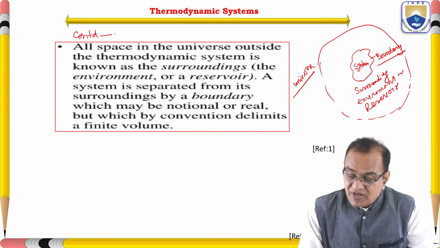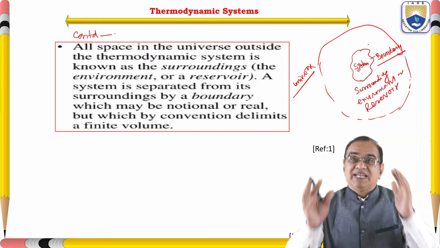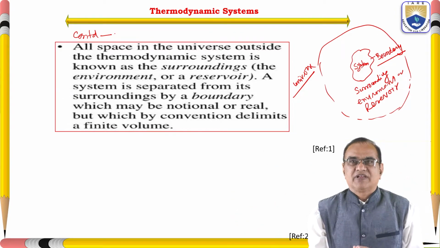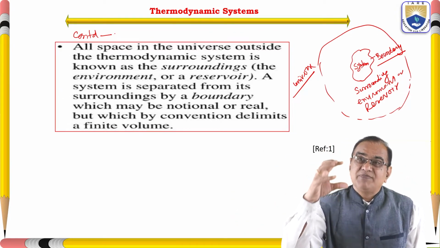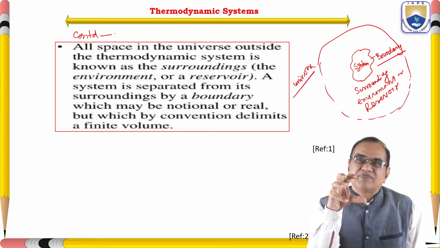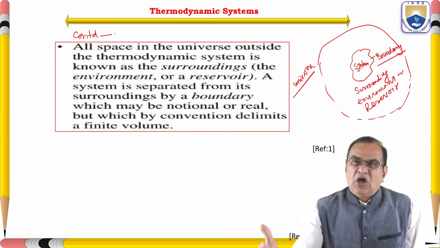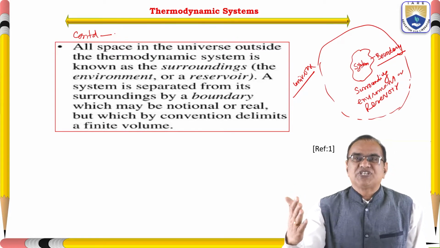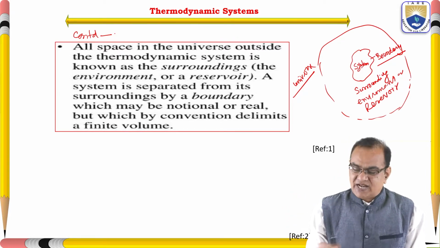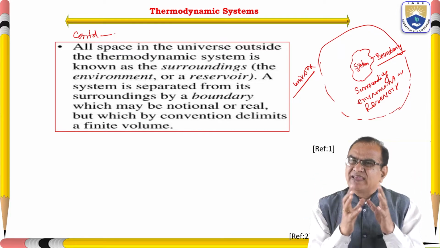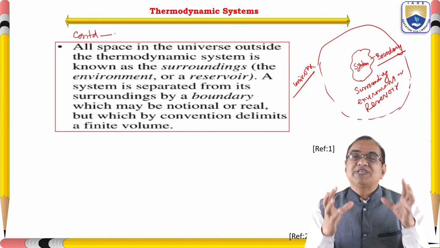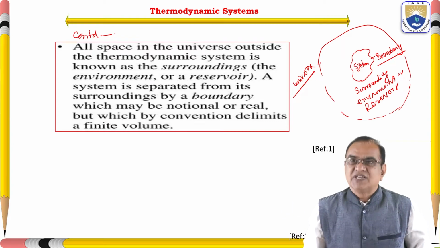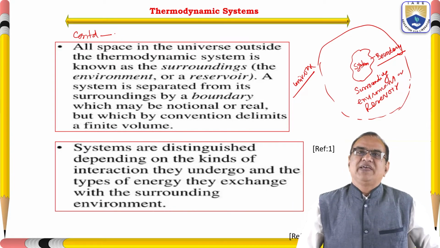This boundary gives a limitation of the system, that the system is in this area only, and beyond that is the surrounding. So our focus will be mostly on the system. You will learn in this course very clearly, in due course of time, how these things work, the system and surrounding. We should be very careful where we choose the system and where we choose the surrounding. So these things we have to understand.